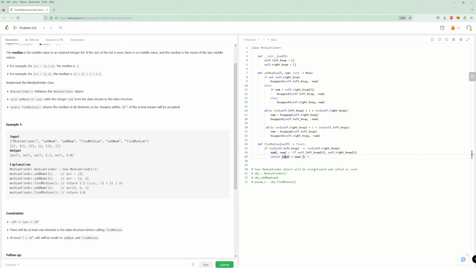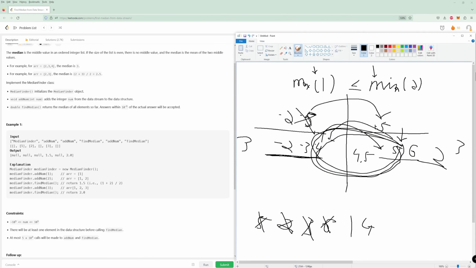So that's one case. Now another case is if the length of the left is greater than the right. In which case, we're just going to be returning the element on the left, right? So if it's like -2, -3, -4, 5, 6, then the element we want would be this -4.